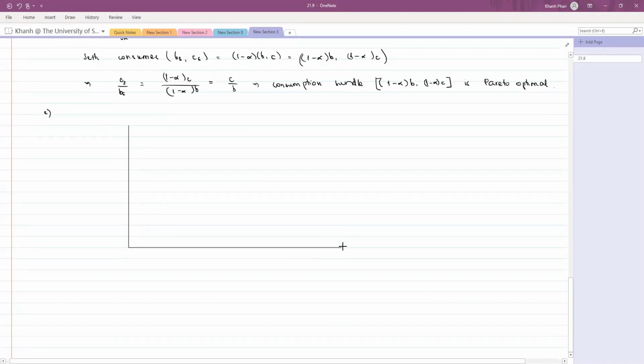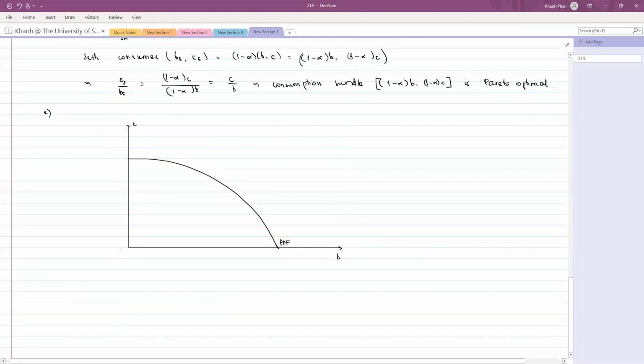I will have something like this. On the horizontal I will have B, and on the vertical I will have the product C.